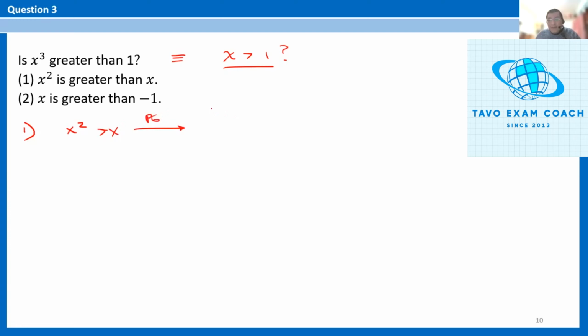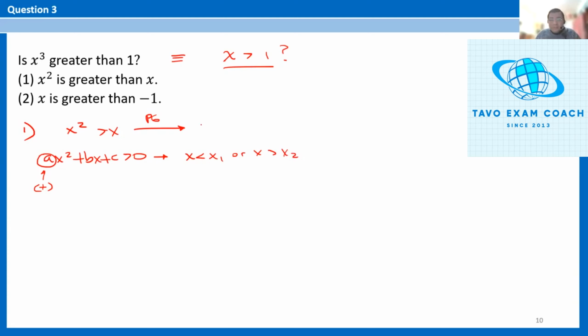Remember, if you have ax squared plus bx plus c is greater than 0, provided that this a is positive, then the solution of this inequality is this, x less than x1 or x greater than x2, where x1 and x2 are the respective roots for the corresponding equation.